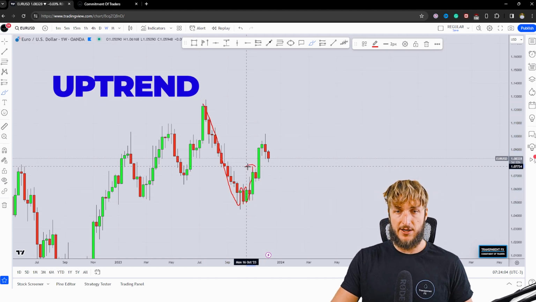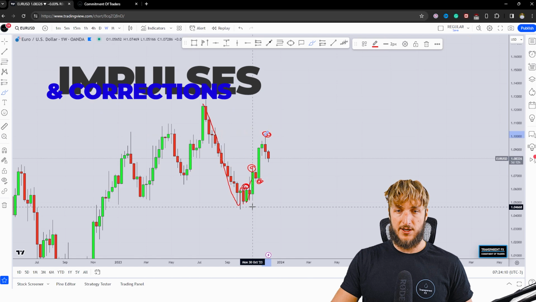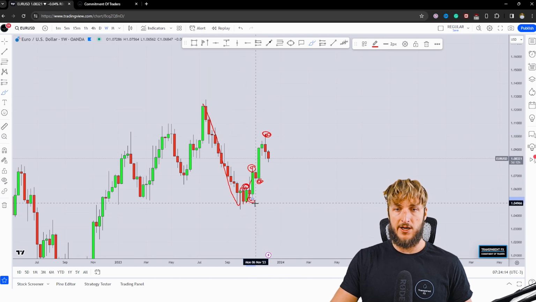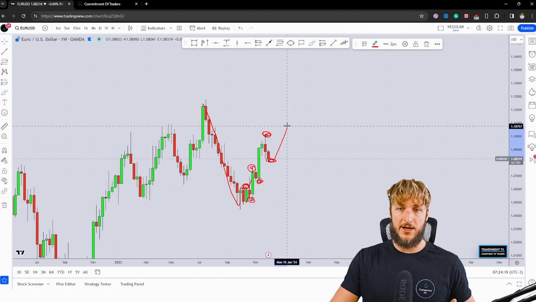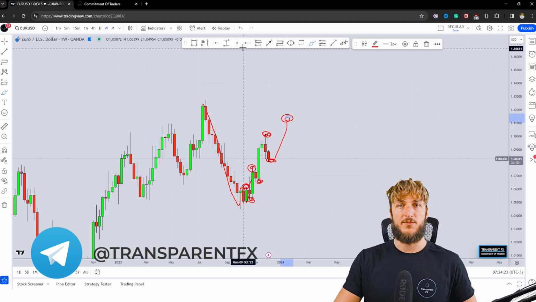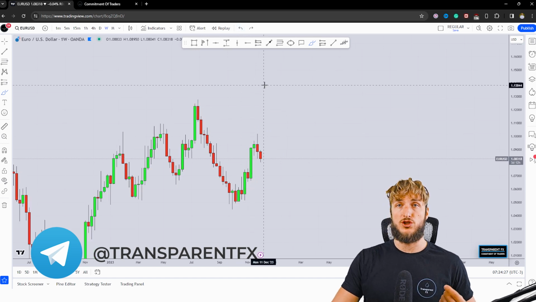We had the first higher high here, so higher than the previous high. Then we had the higher low here and another higher high here. Now, what we can see here is that we had the previous high, higher high, higher high. Here we had the previous low, higher low, and here we could expect another higher low, and then the creation of yet another higher high. So from a weekly perspective, everything seems quite bullish as well.